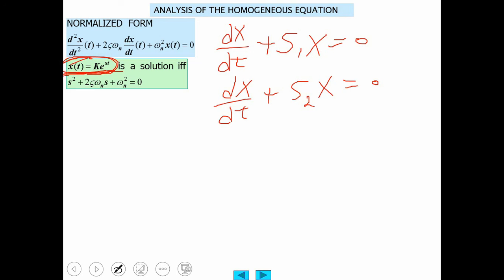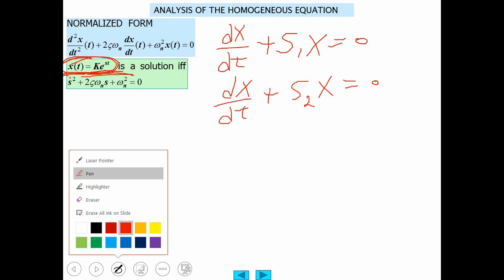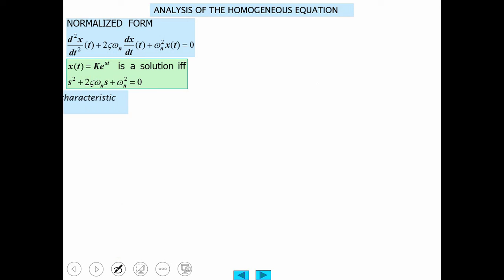Lots of symbols, lots of little squiggles, new omega n's and zetas and a1s and a2s and s's and all that stuff. It's just algebra. This looks so much like your first order equations, which we just finished, which you guys know how to do. Okay. Moving on.